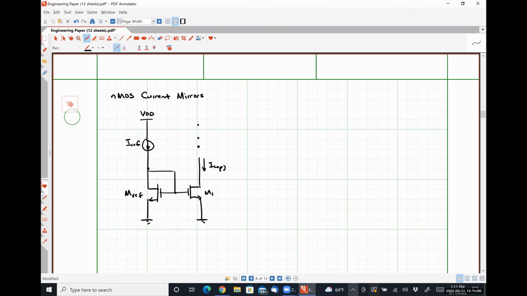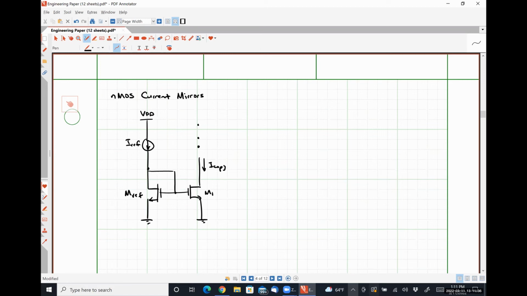All right, so for formality's sake, let's talk about what's happening here. This current source, IREF, is causing MREF to carry a drain current of exactly IREF, because there is no current that can branch off and flow into the gates of either of these terminals, right?